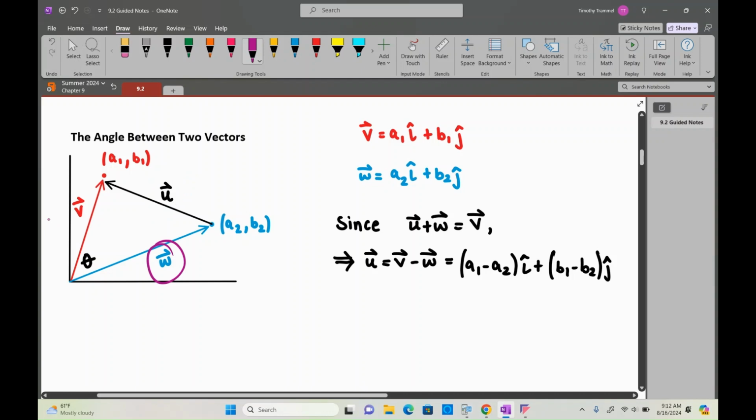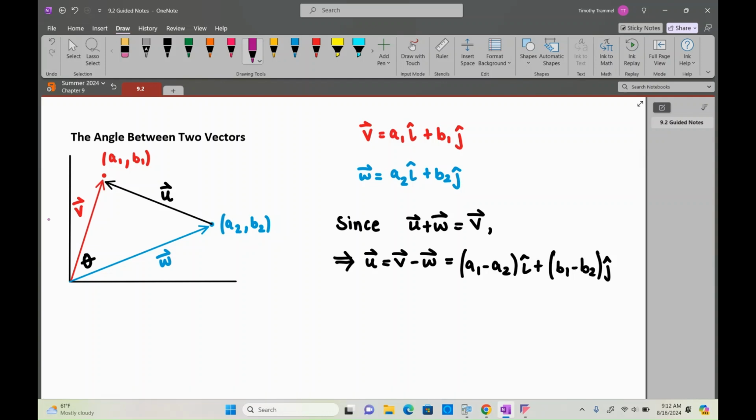The magnitude of this vector would be the length of this side. And we have this one angle here. So what I'm getting at is maybe we have an equation that involves trig, so that we can relate these sides and that angle. And we do have a law that we can use here. We can use our law of cosines.